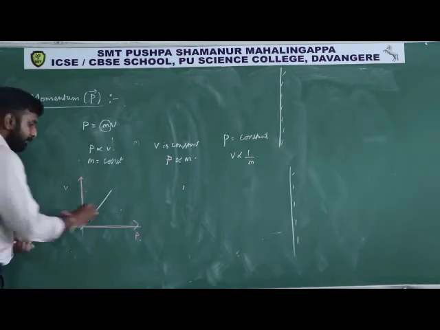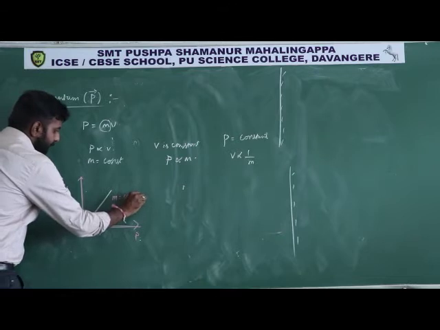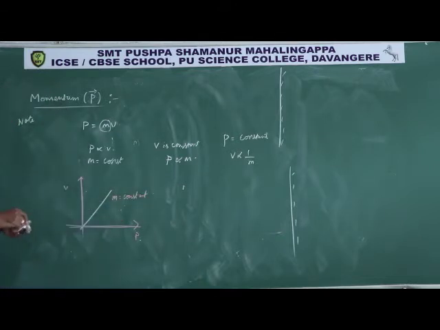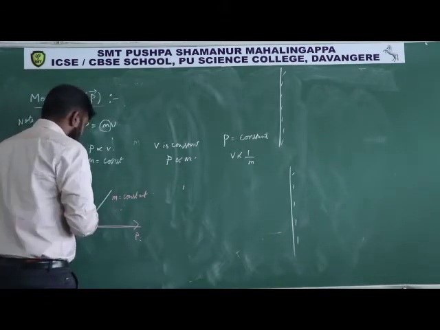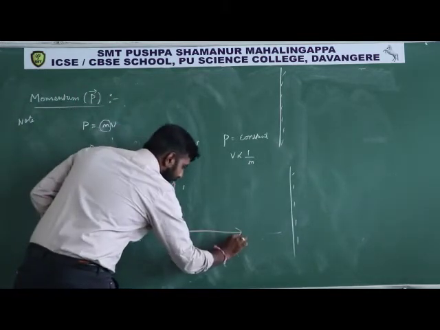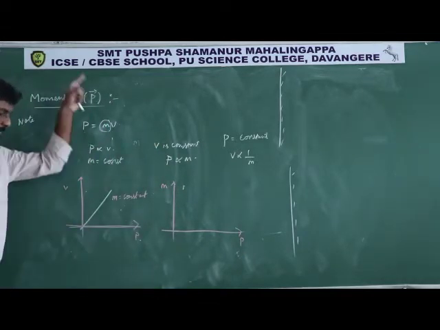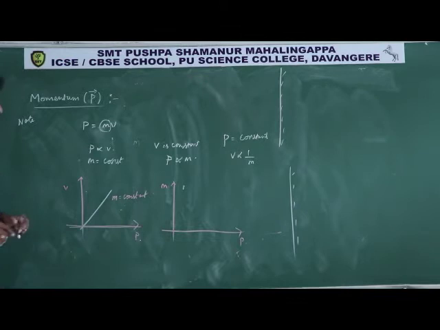Here m is constant. In the next condition, the graph between momentum and mass: as velocity increases, the momentum also increases.